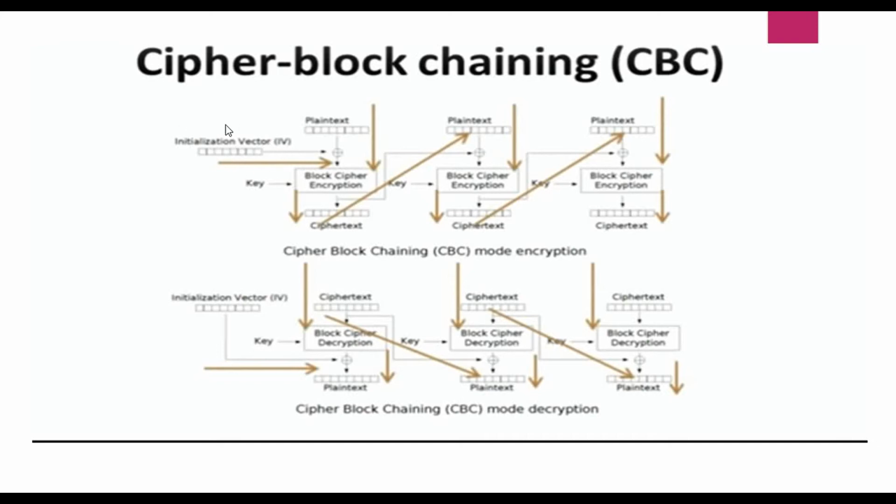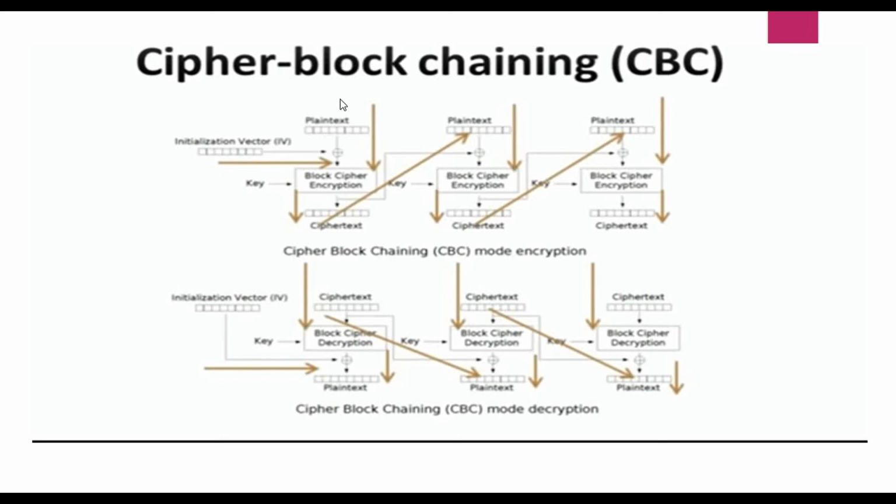This IV is nothing but a key itself, but it is only used once in the initial stage of the encryption. We XOR the IV and plain text, and whatever the result is, we send into our encryption algorithm, the key is applied on top of that, and we get the ciphertext.